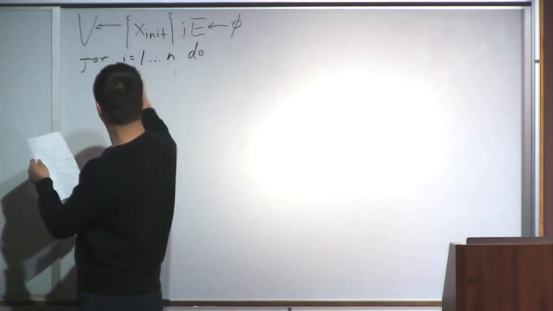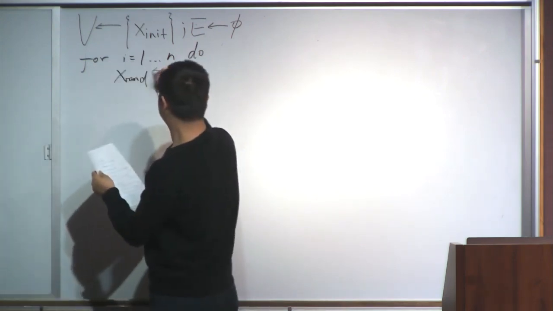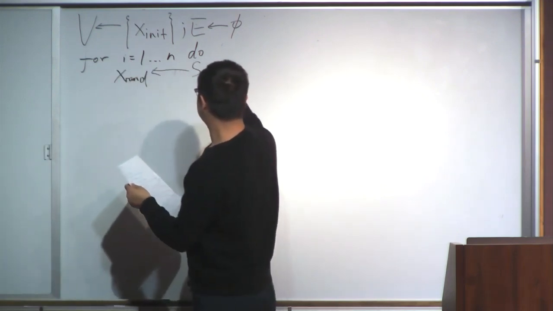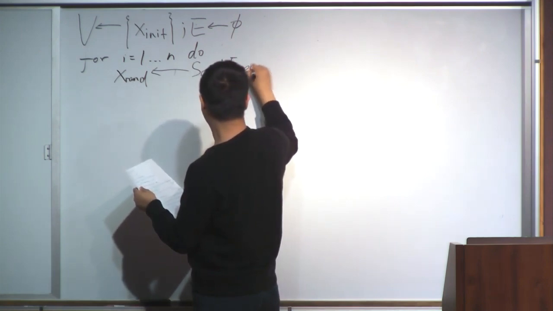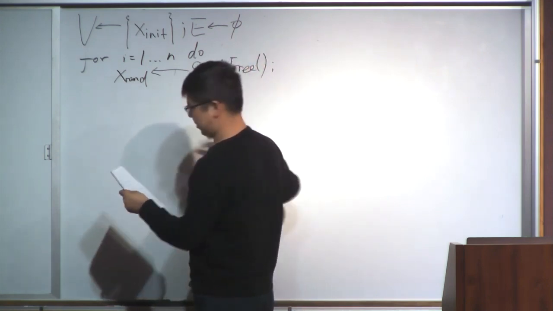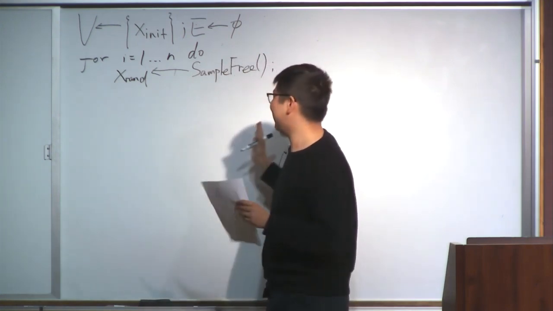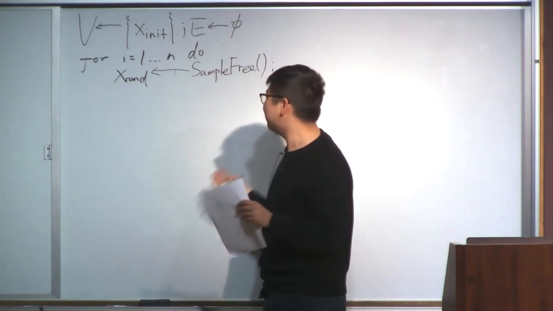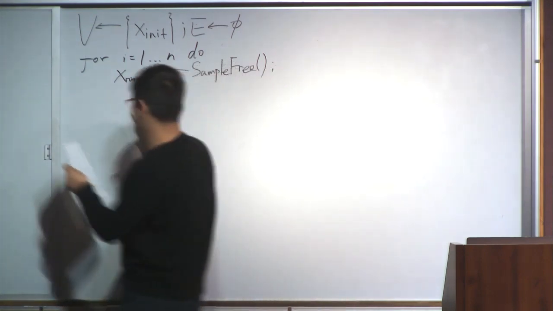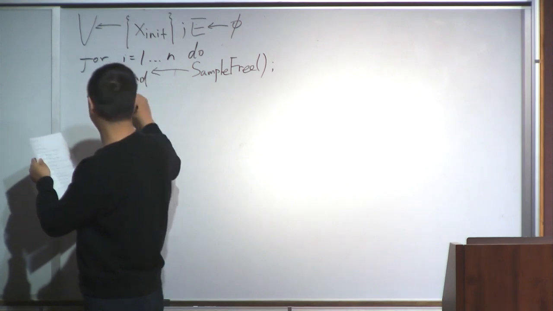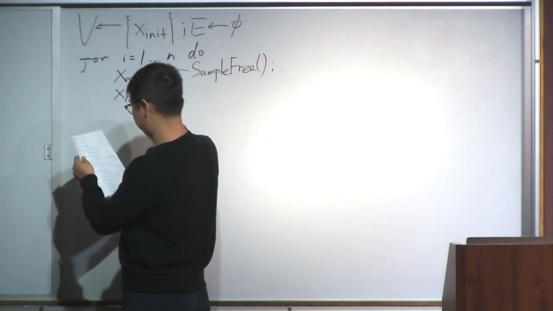Still, we sample x rand from a function SampleFree. The algorithm's functions changed slightly because it's from a different paper, but it's similar to the previous random function. There might be some new functions, so I need to explain those as well.